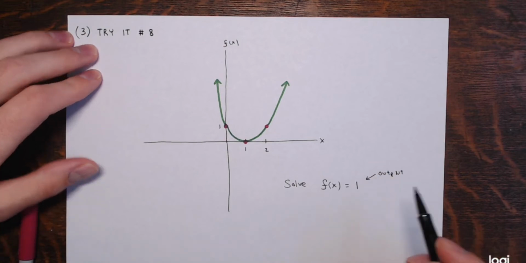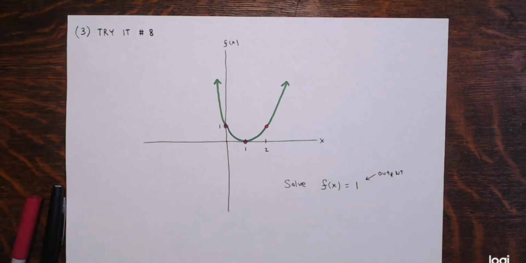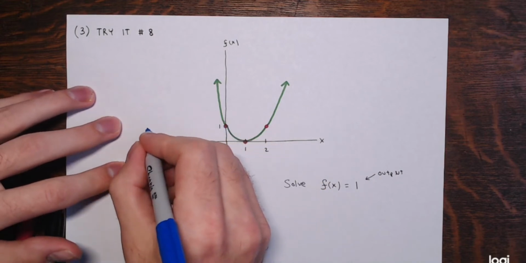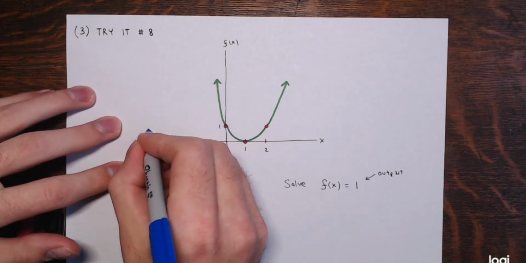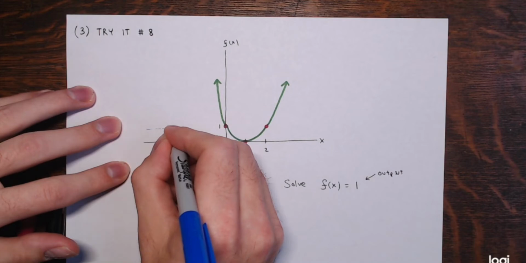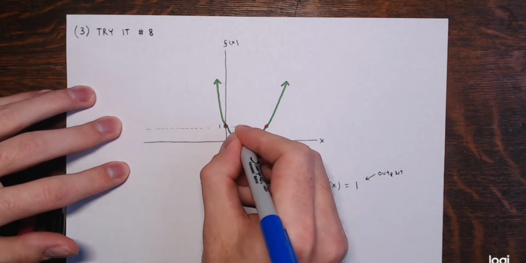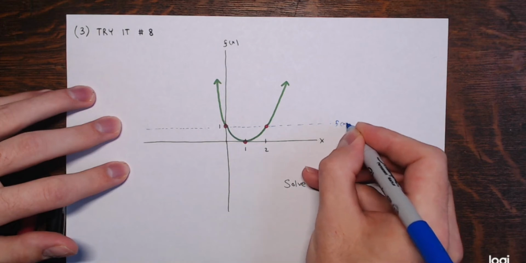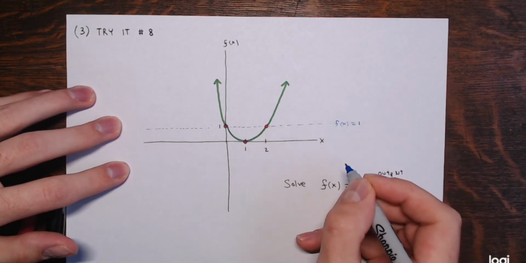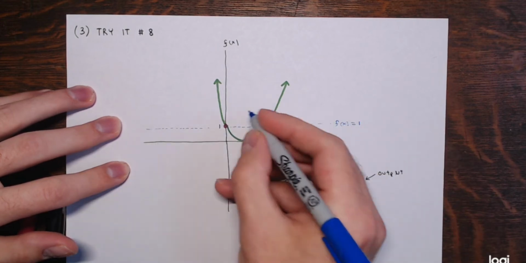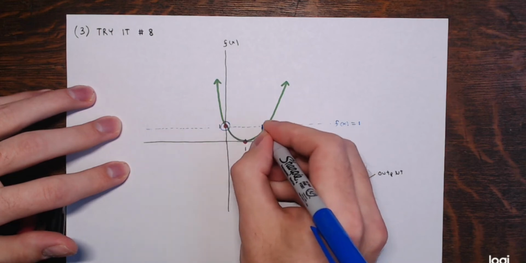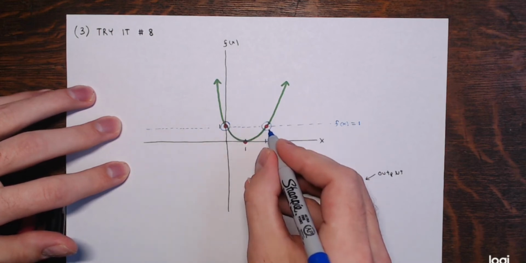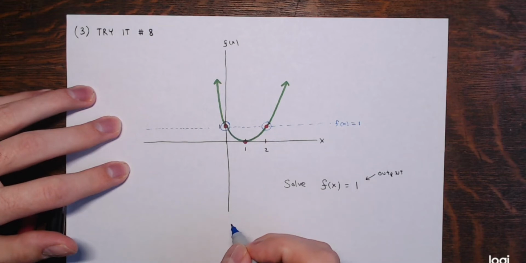It is on the vertical axis right here. So you could draw a little horizontal line at y equals 1, and there's f of x equals 1. And you see there are 2 points on the graph where y equals 1, where the output is 1.